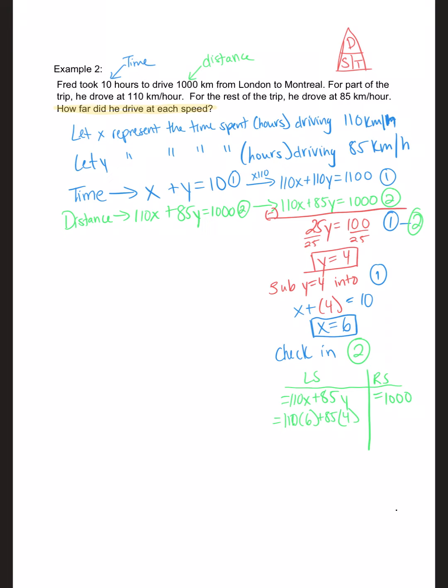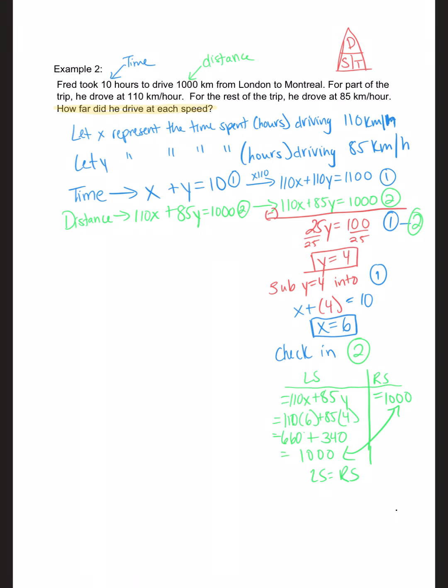So if we do 110 times 6, we should get 660, and then if we did 85 times 4, we should get 340. Okay, so if we add those together, we get 1,000. Okay, so the left side equals the right side.